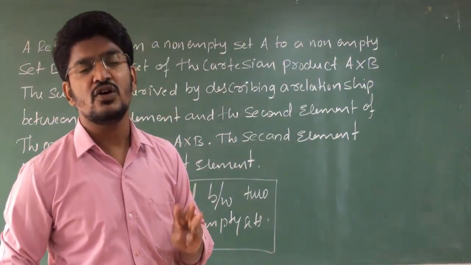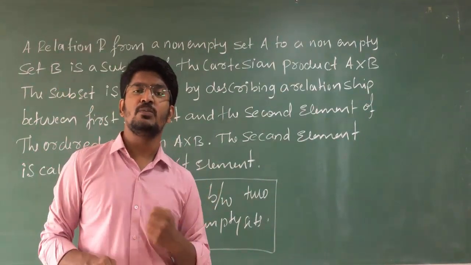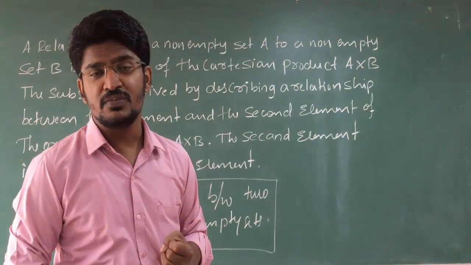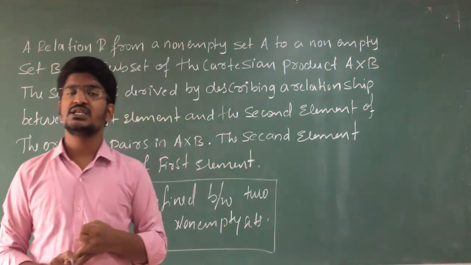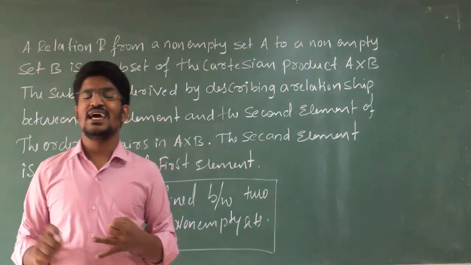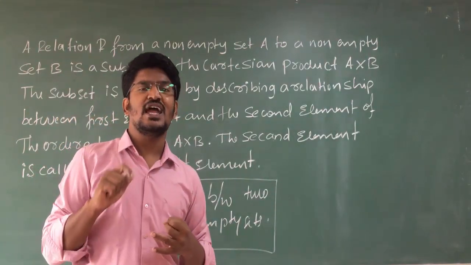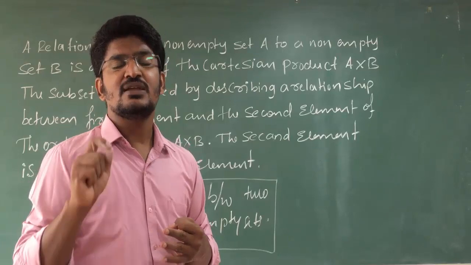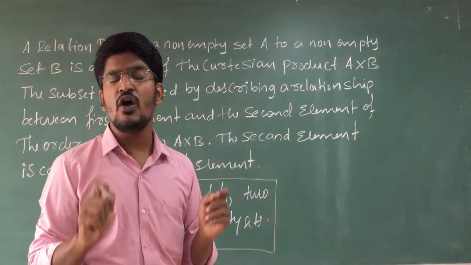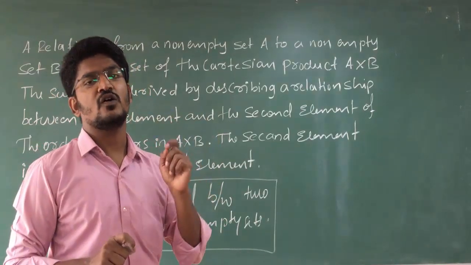These 3 points are very, very important. The first one is A and B must be non-empty sets. Second point is the relation must be a subset of Cartesian product, and the third point is there must be a relation from the first element to the second element in the ordered pairs of A cross B.